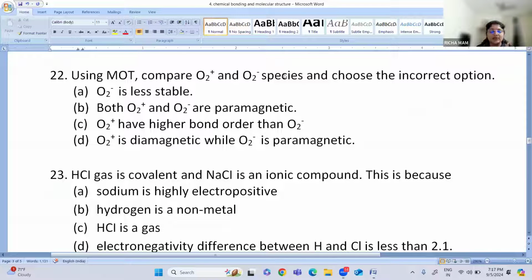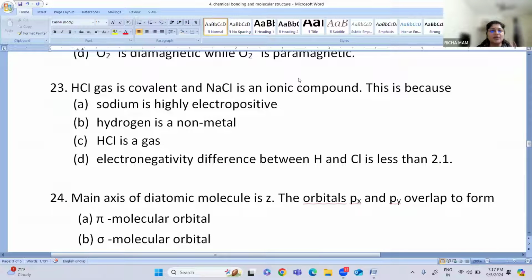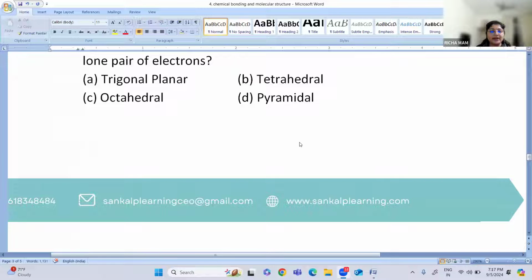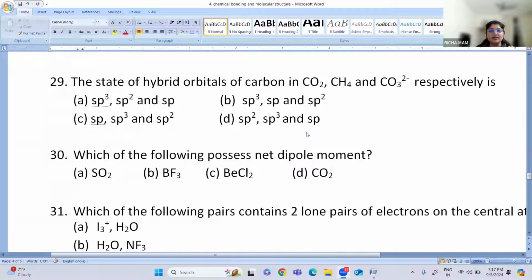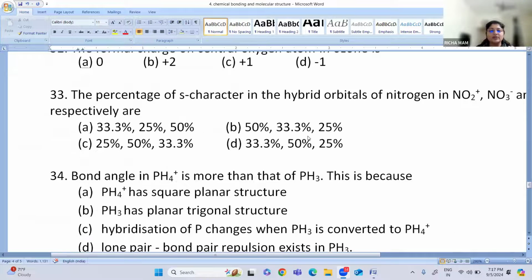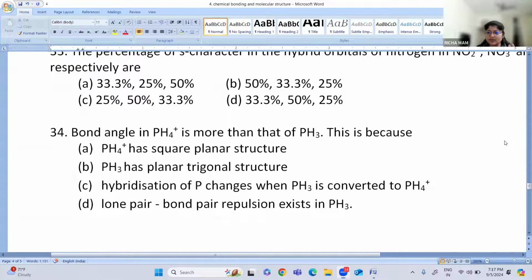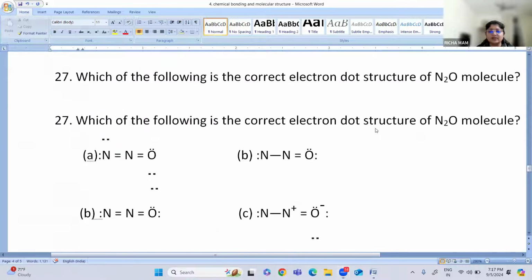Please prepare questions on MOT, molecular orbital theory, bond order, different bonds, ionic bond, covalent bond, then VSEPR theory, different molecules and structures, hybridization, then hydrogen bonding. These are some of the important concepts from this chapter.